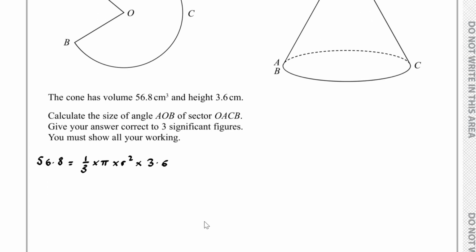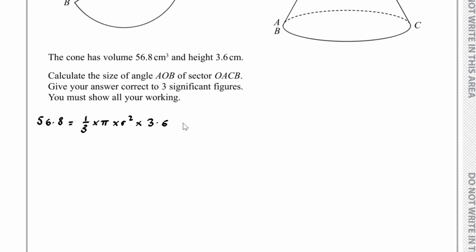So we can use this to find out what r is. So r is going to equal 56.8 multiplied by 3 divided by pi times 3.6.